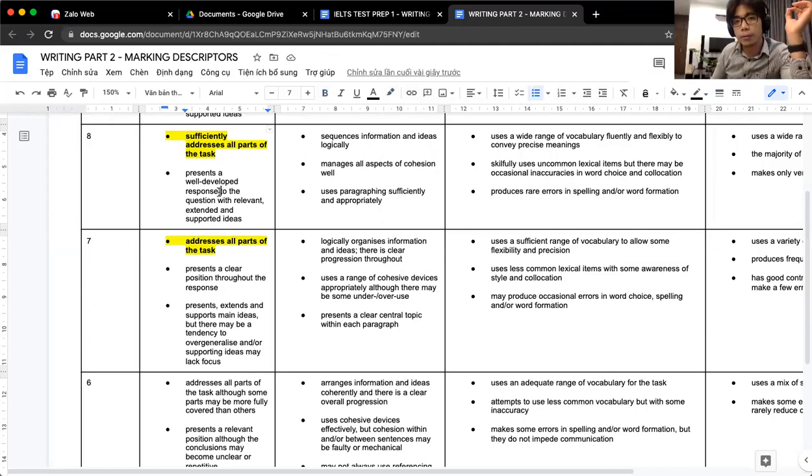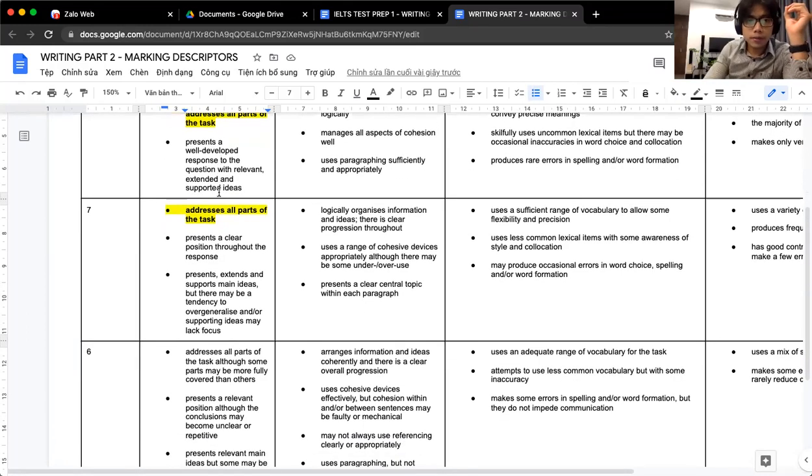That is not a very good thing to do, but you should always try to acknowledge and discuss both sides of the problems. You also have to read the requirement of the test carefully. Like if they ask you to discuss both views and then give your opinion, you discuss both views, but then you forgot to include your opinion, you don't say anything from your point of view, then you will lose score for this part.